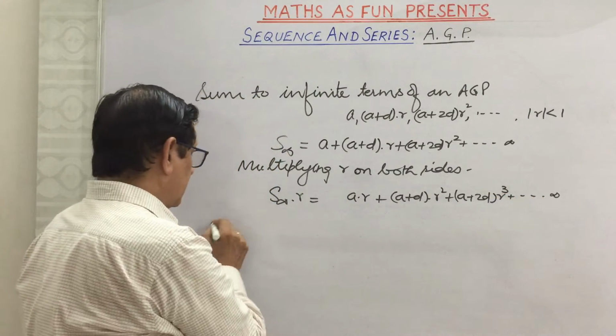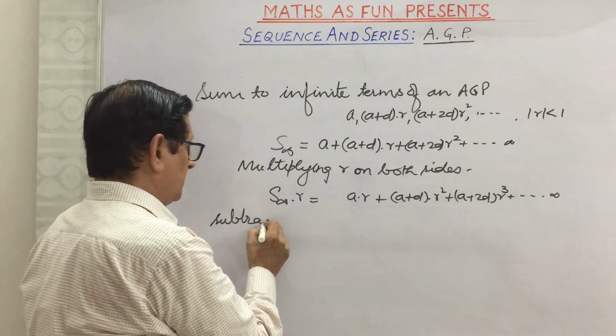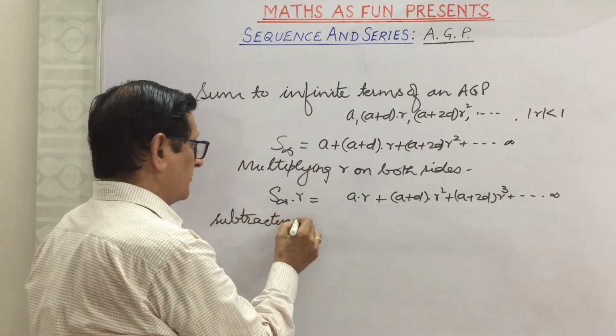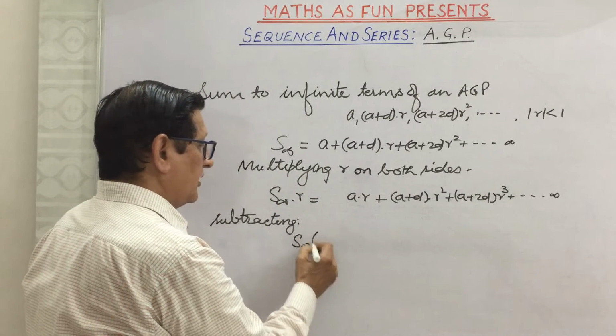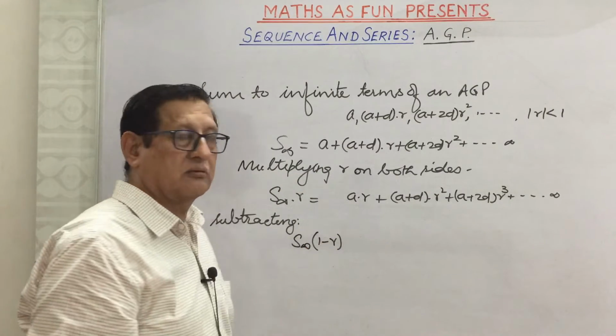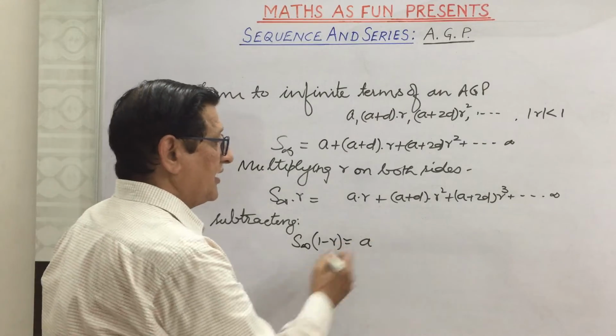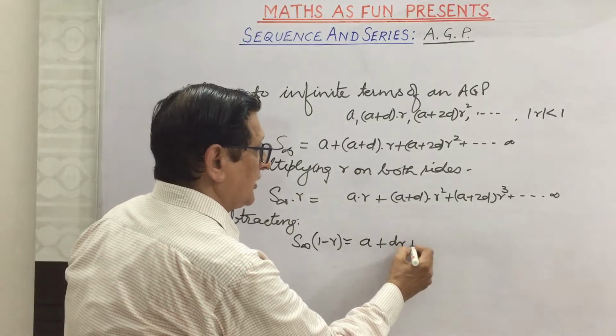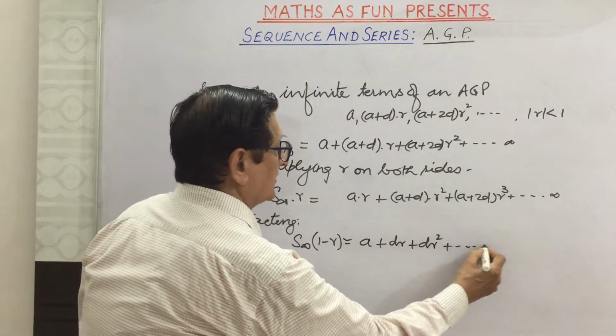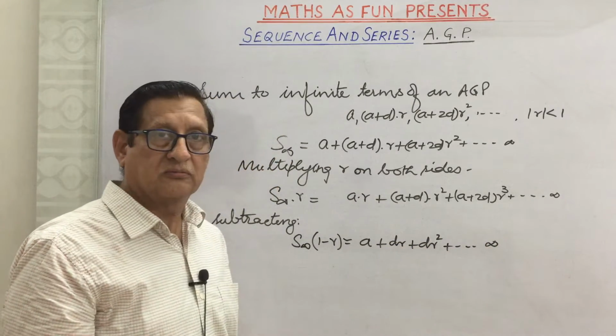If we subtract them, we will get S infinity into (1 minus r) equal to a plus, a into r cancels, so it is dr, then dr square and so on up to infinite terms.